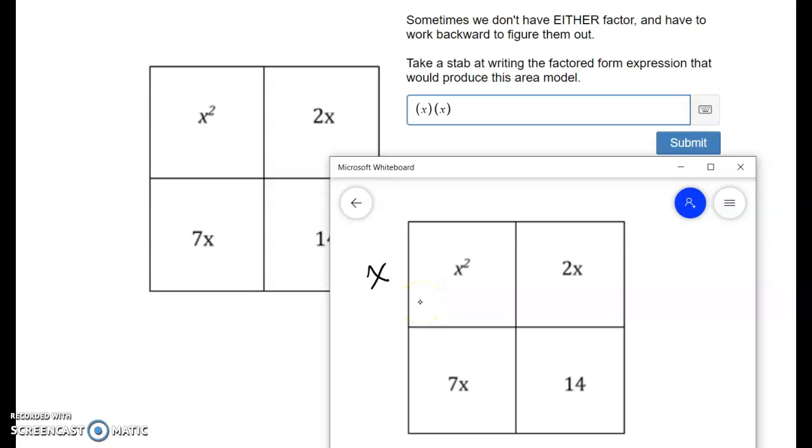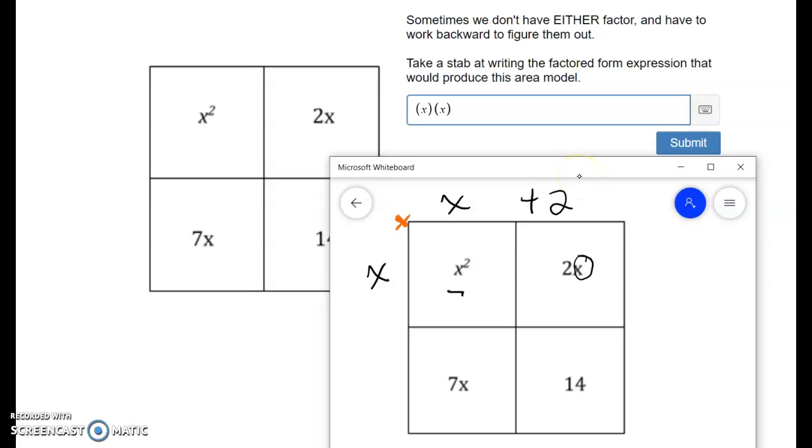So I know there has to be an x here, right? Because this is multiplication. I'm just going to put this multiplication sign here just to remind myself. You don't have to, but x times x does give me x squared. But what times x will give me 2x? Well, I know it's got to be a plus 2 or a positive 2.